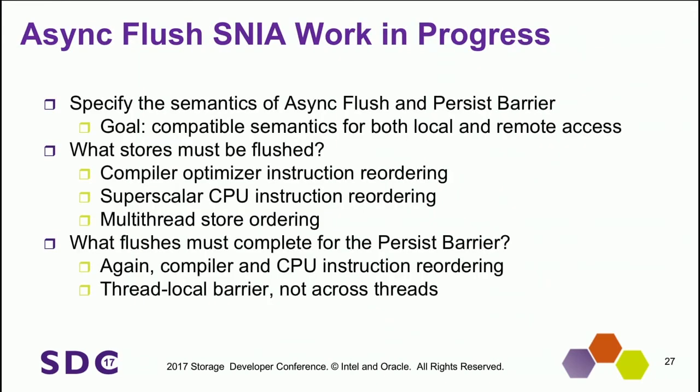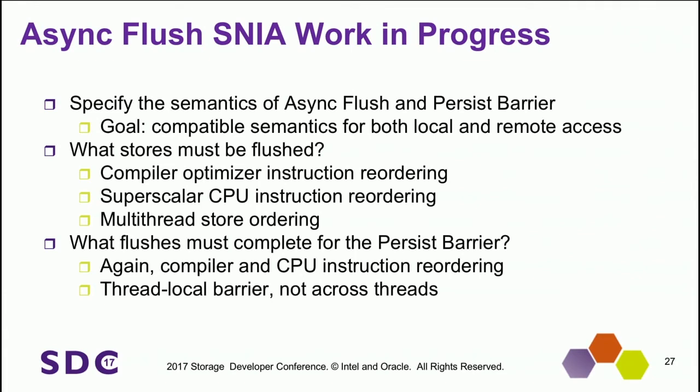So as I said, this is a work in progress in SNIA and the NVM programming TWIG. And really this stuff's already available in the instruction set architecture, and it's implemented in libpmem. But the issues that we're trying to deal with in the TWIG are to specify the semantics more precisely in a generic way that isn't specific to a particular instruction set architecture, and perhaps in a less restrictive way that specifies the least amount that we need to specify to make them useful.